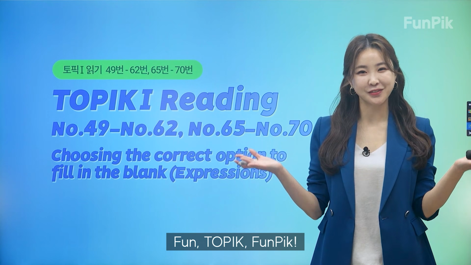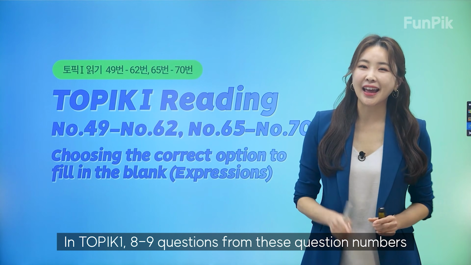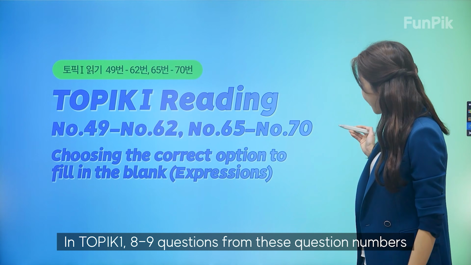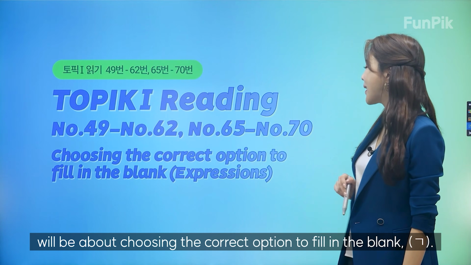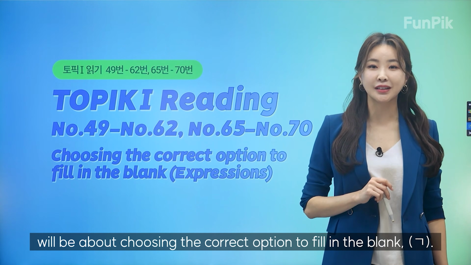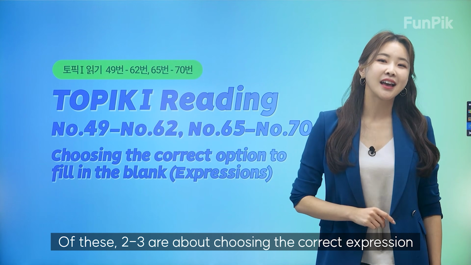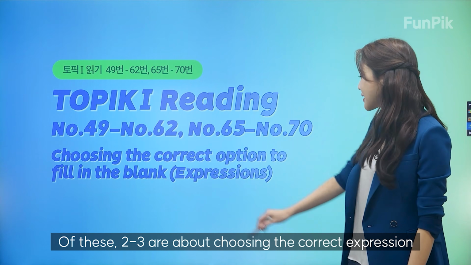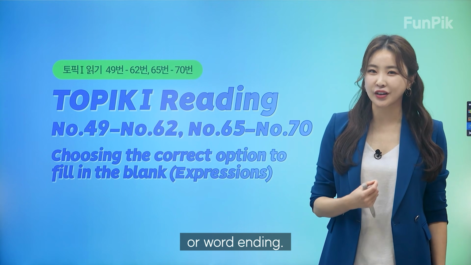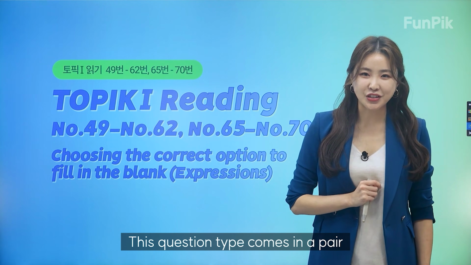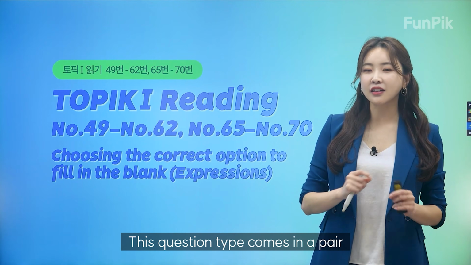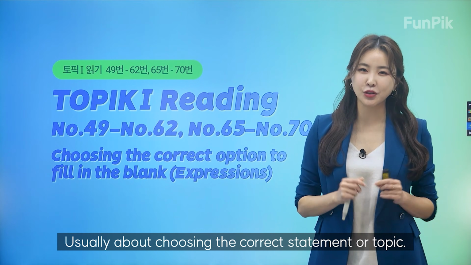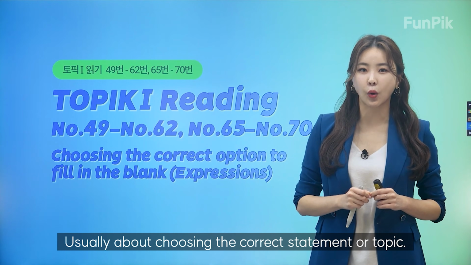Fun, TOPIK, FunPik. Now in TOPIK 1, 8 or 9 questions from these question numbers will be about choosing the correct option to fill in the blank. And of these, 2 to 3 are about choosing the correct expression or word ending. This question type comes in a pair with another question type, usually about choosing the correct statement or topic.